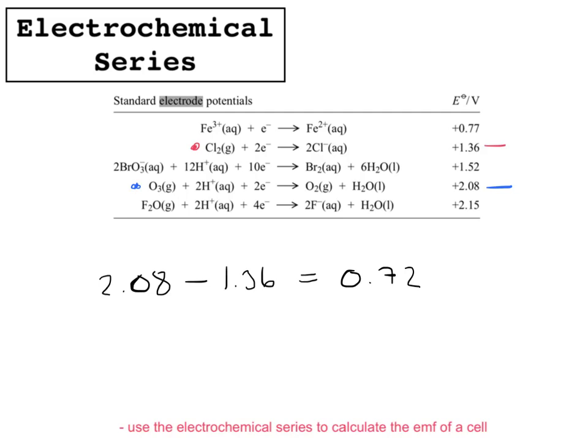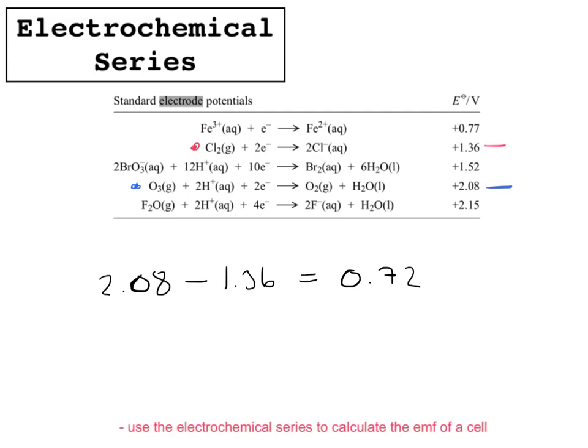0.72. Now, depending on which way round these two half cells were connected, you could also say that EMF could equal minus 0.72. Which one you choose will depend on if there's a cell representation given, which is covered in one of the other videos.